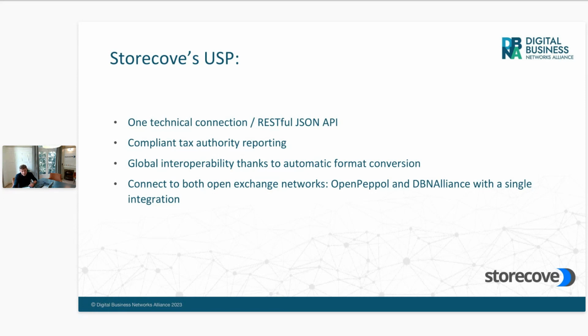And this combines with the question about the tax authority mandates. We offer compliant tax authority reporting mainly in countries where there are future mandates. That is about Italy, which is a mandate from the past, but more Poland, Romania, Portugal, Spain, Malaysia, Singapore.